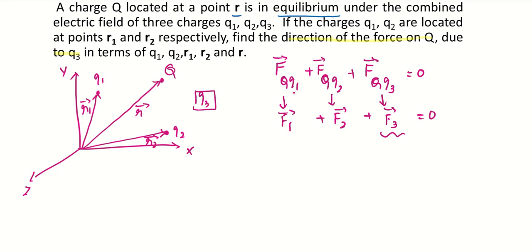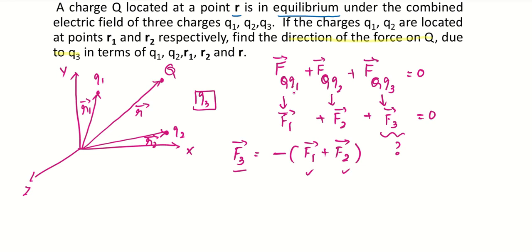We have to find F3, which means F3 equals minus of F1 plus F2. So the idea here is to find F1 according to Coulomb's law, find F2, and sum them. Giving a negative sign will give the direction of the force F3.